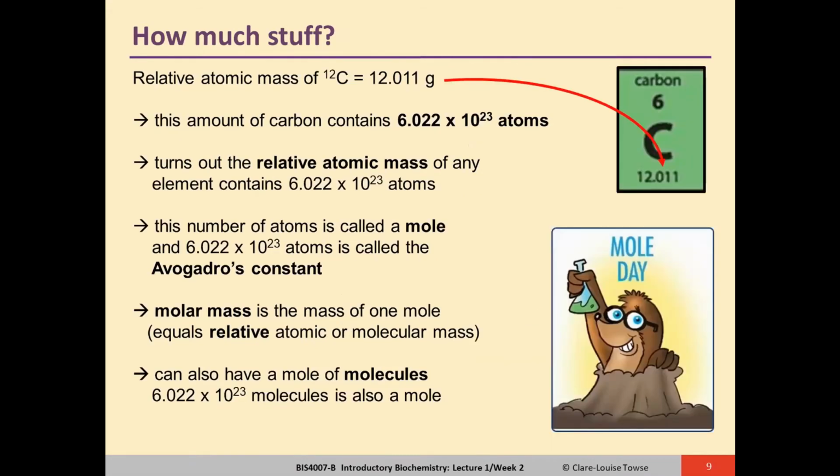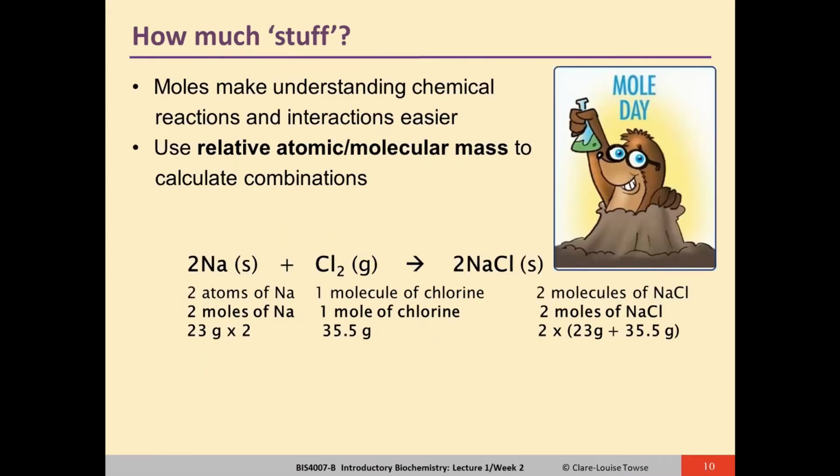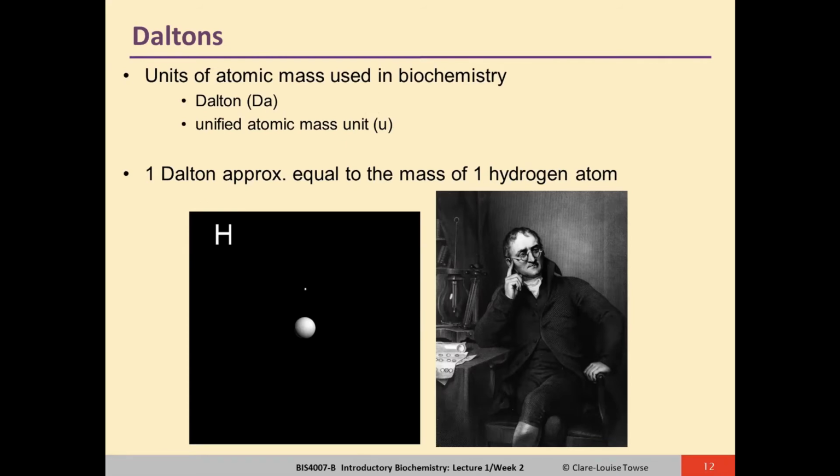Now in biochemistry, this is a new thing even for me. We didn't study that in A level. So if you can write this down: Da, 1 Dalton equals the mass of 1 hydrogen atom.